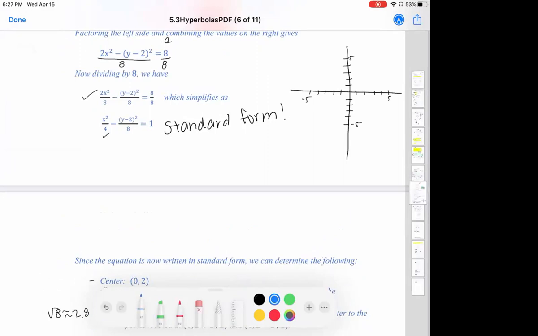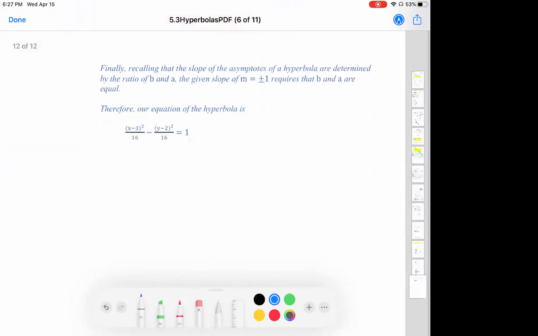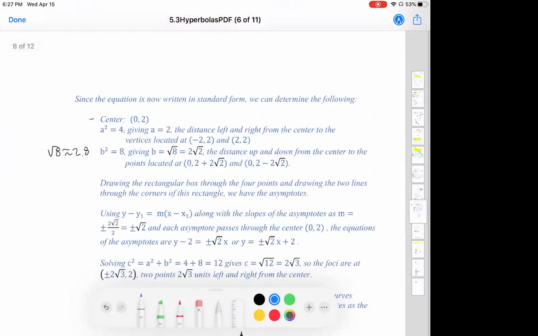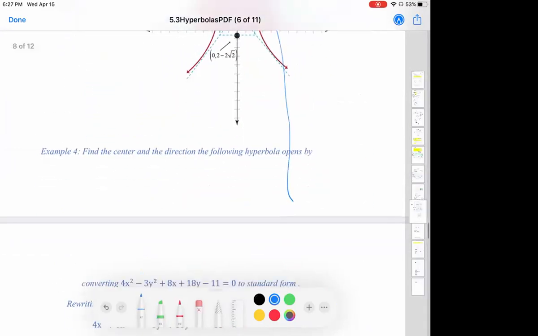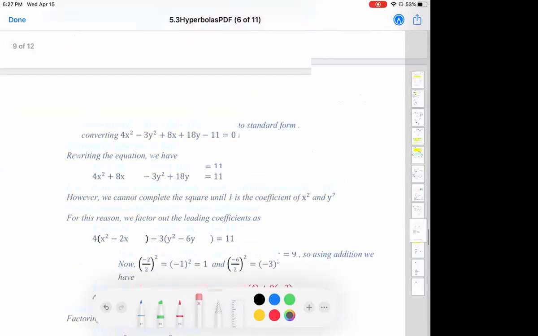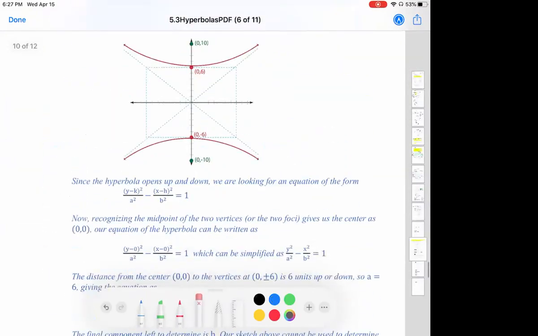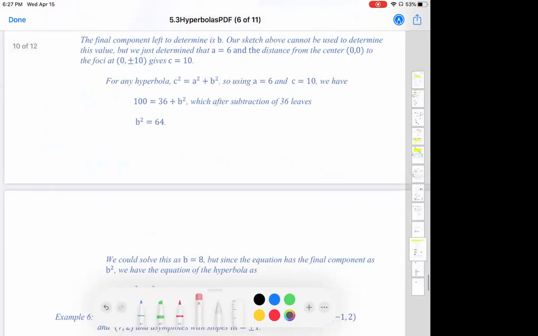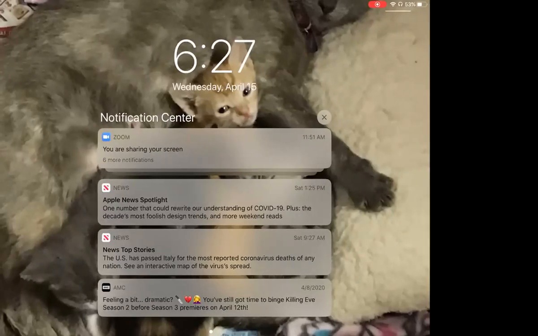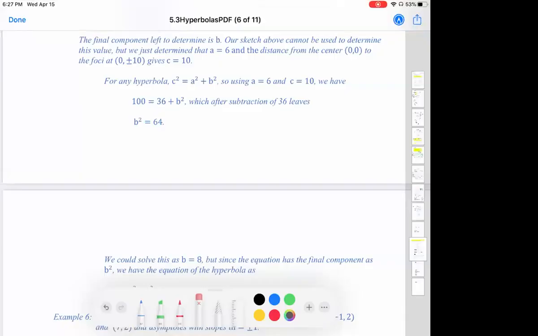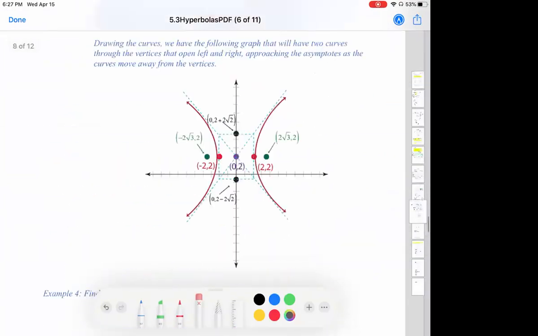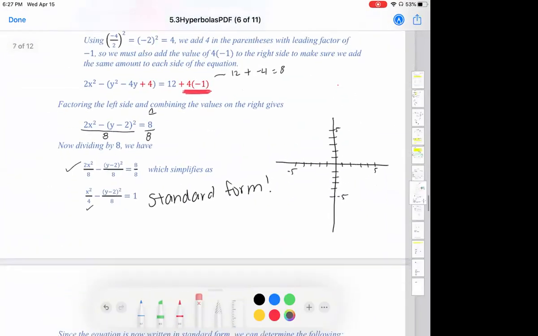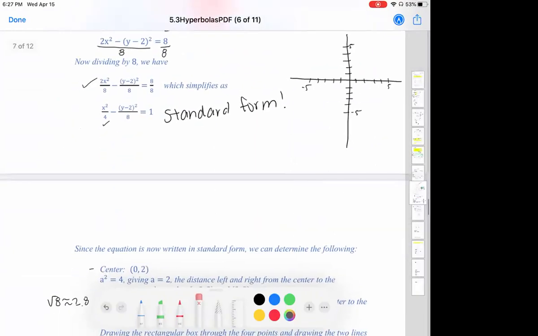All right, so I have a center at 0, 2. I went too far back. Here we go. At 0, 2.